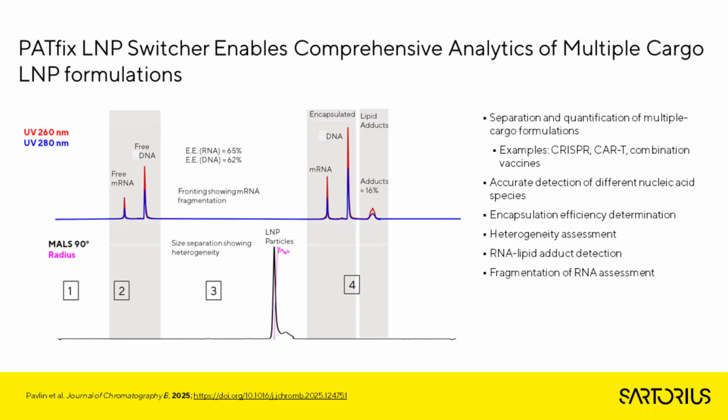We can see that we can nicely separate both species from each other, and in this way we can nicely determine encapsulation efficiency for individual cargo. Besides encapsulation efficiency, you can see that we can detect lipid adducts also present in these LNP samples. I will talk about that in my next slides. And besides this, we can also determine the size of particles. I will also focus on this a little bit later.